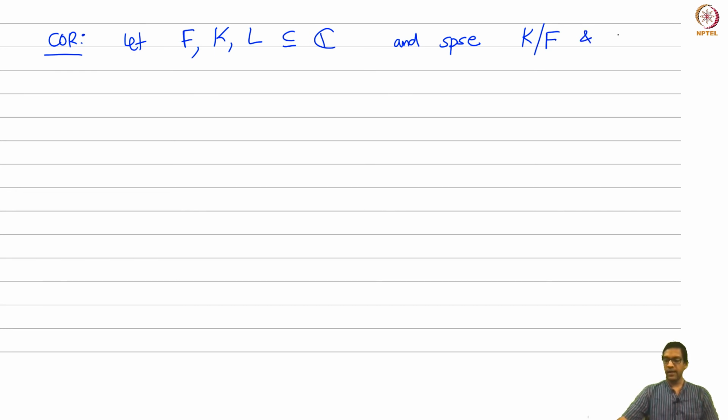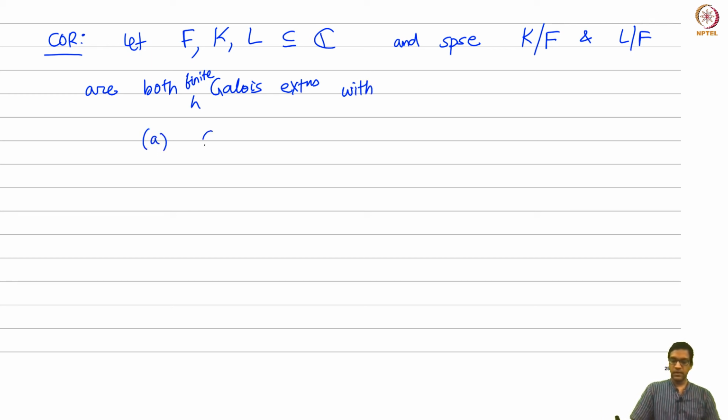Suppose K over F and L over F are both finite Galois extensions with the following property: the Galois group of K over F is non-abelian and simple.